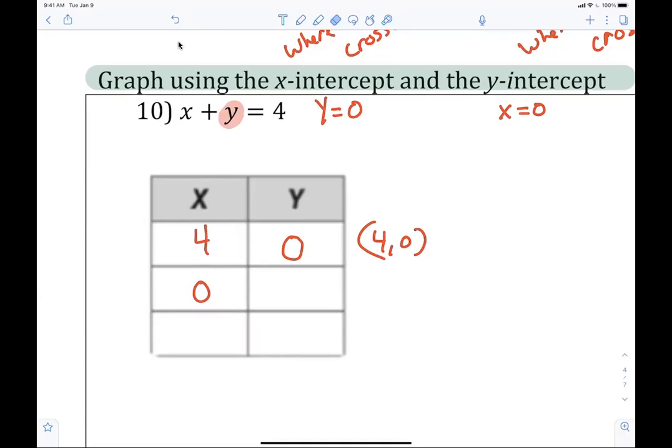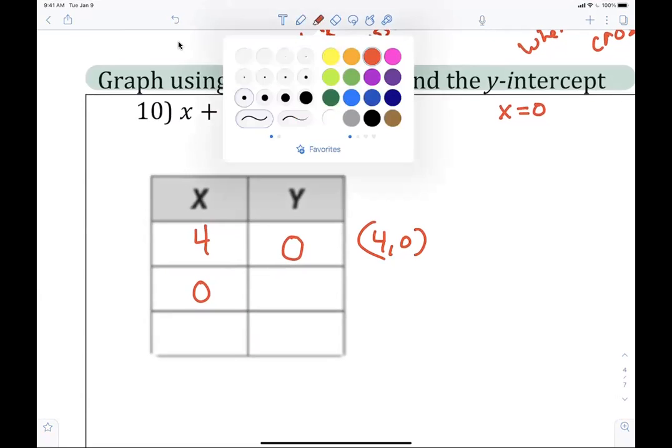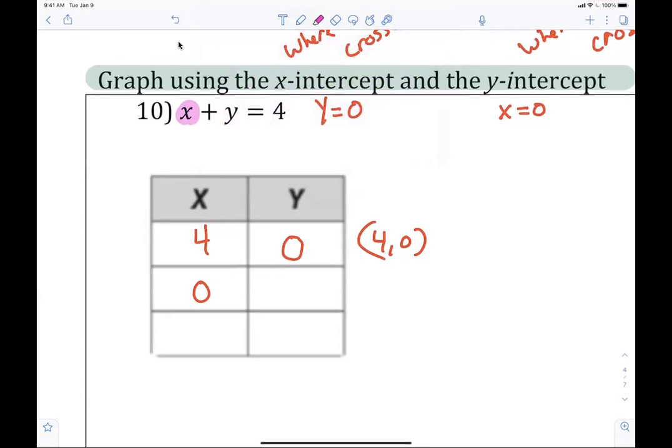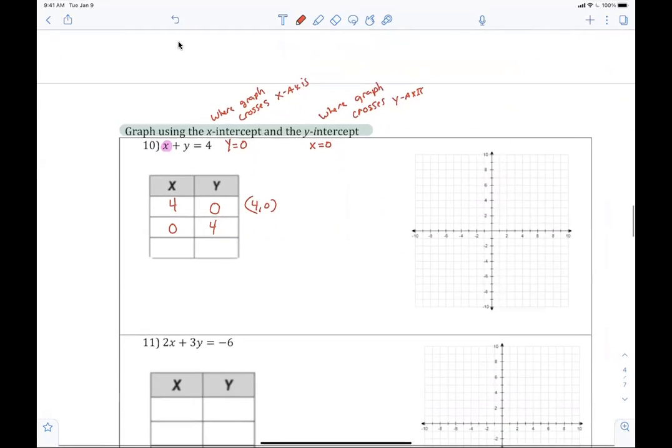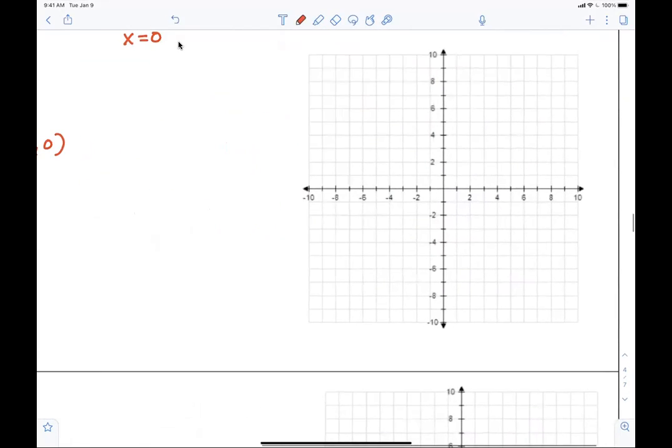Now I'm going to make the x value 0. So if I make the x value 0, what is the y-intercept? 4 also. That is correct. So now you just plot those 2 points. So I plot 4, 0 and 0, 4 and draw the line.